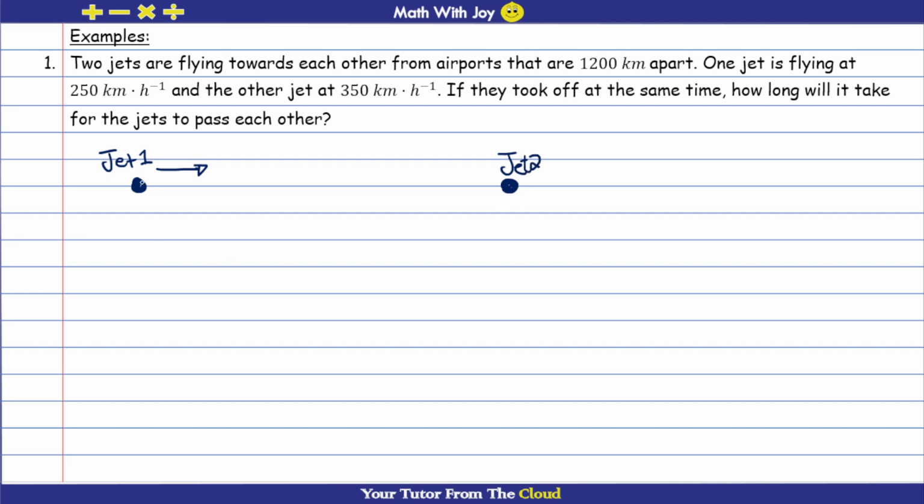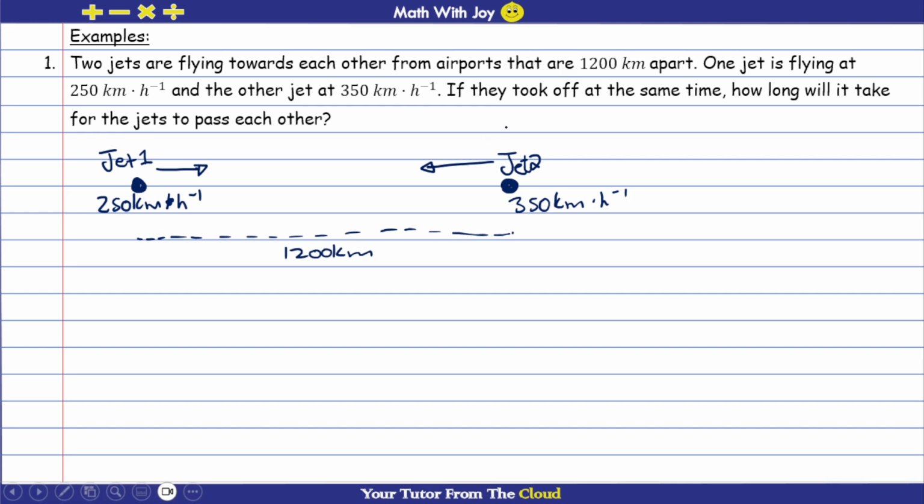Say this one is moving at 250 kilometers per hour, and this one is moving at 350 kilometers per hour. So they are moving towards each other, and the distance from this one all the way to there is 1,200 kilometers. We just want to draw a picture so that we can understand what's going on.